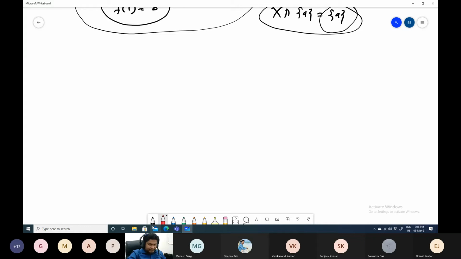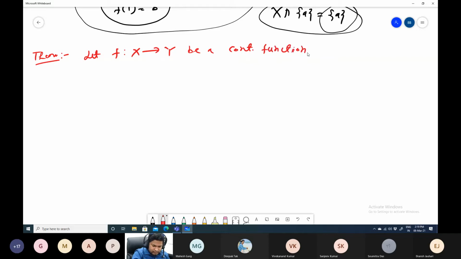Okay. Now there is another. This is simple, very simple. So, theorem. Let f from X to Y be a continuous function, and given that X is path connected.